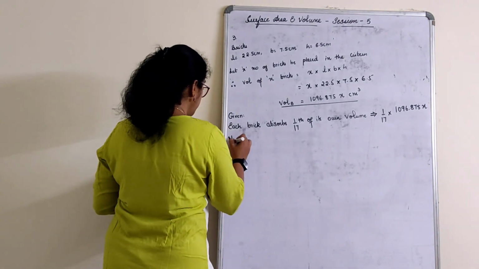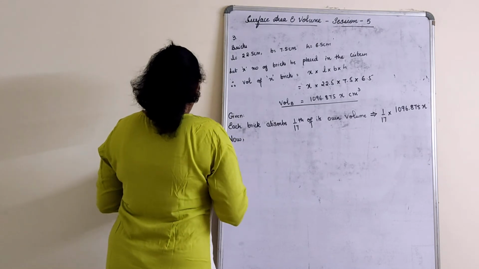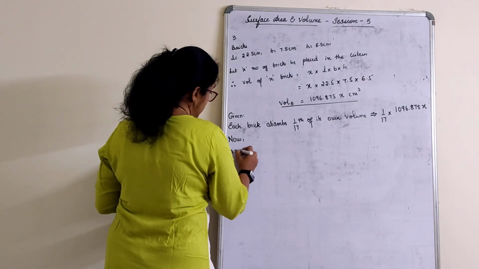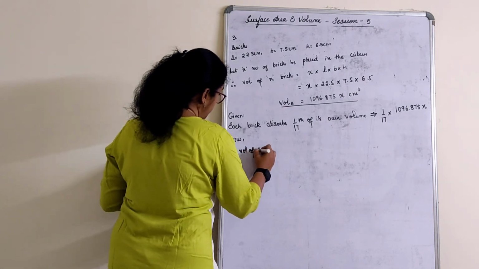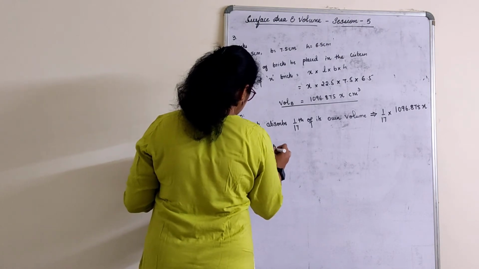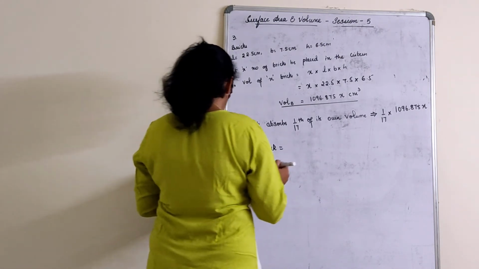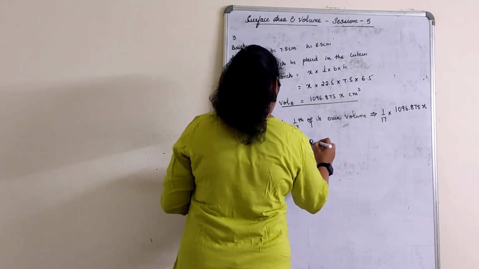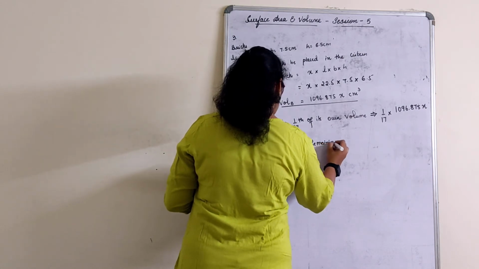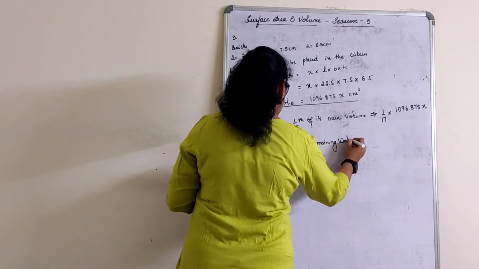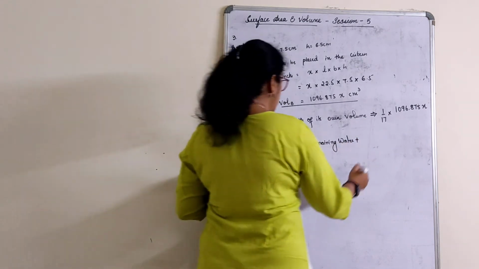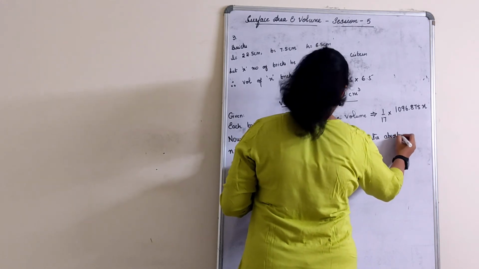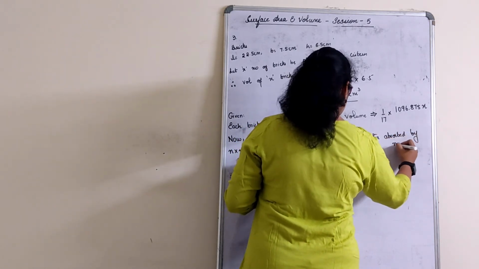Now, n into volume of one brick is equal to what actually? Volume of remaining water plus water absorbed by n bricks.